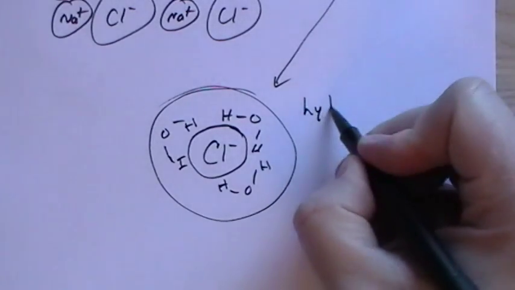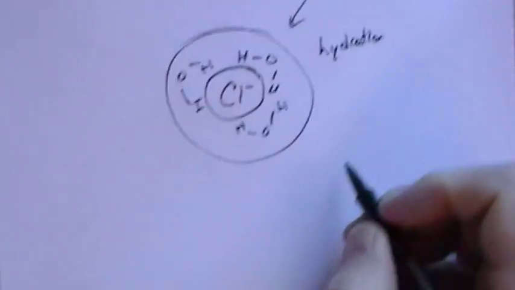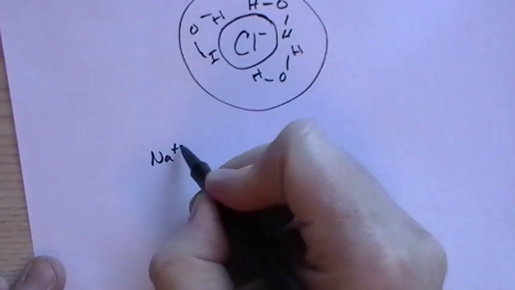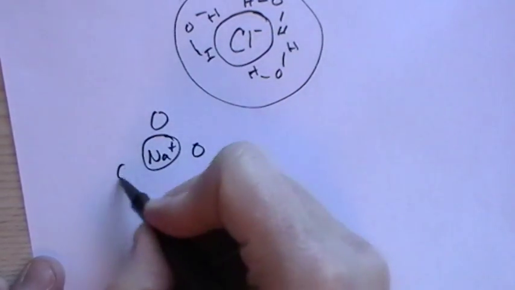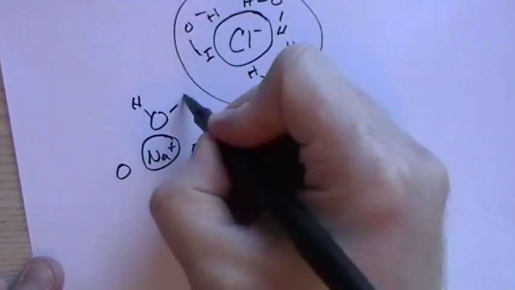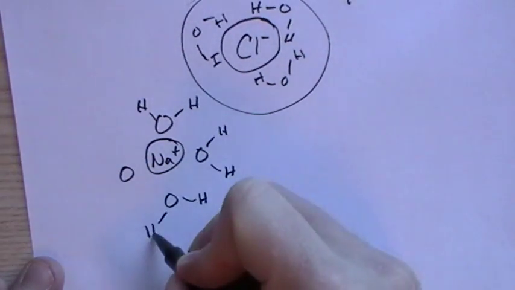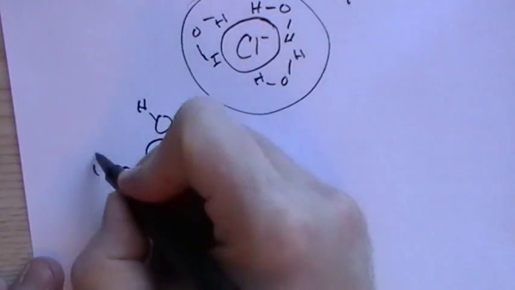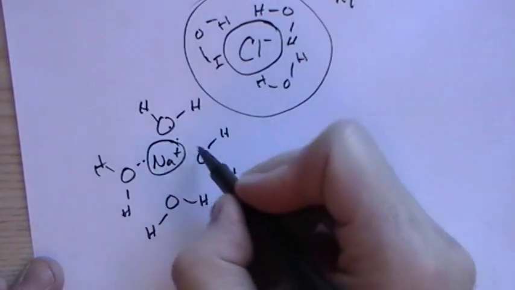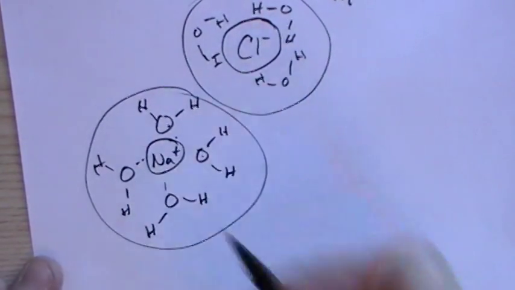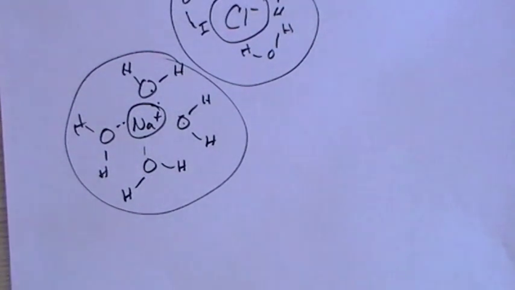This is called hydration. And then the sodium feels the same effect, except that it's the oxygens of the water that are attracted to the positive charge of the sodium. So these hold them intact. They create a stable structure for the ions to go into solution.